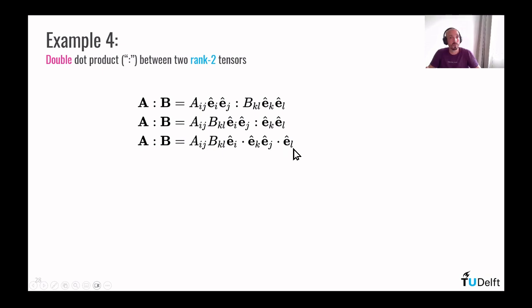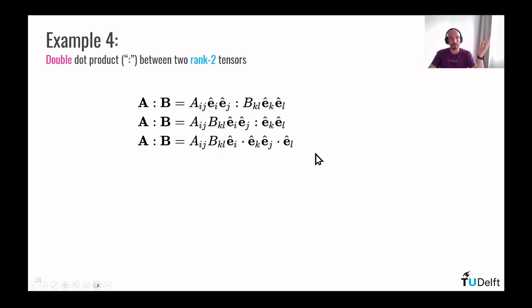Okay, this is how we perform a double dot product. Every time you see a double dot product, you need to remember it is performed like this. Second term to the left, first term to the right; first term to the left, second term to the right. This is how we perform the double dot product.